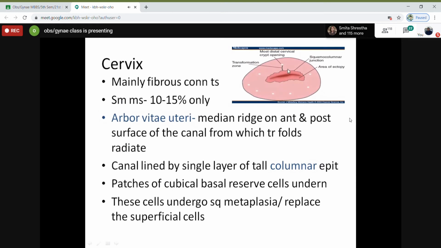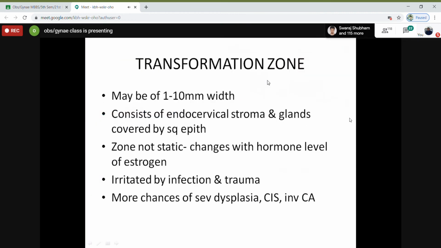The importance of this zone is that we take the cells of this zone and study them on a slide, which is known as a pap smear. So the cells from the transformation zone are taken up and studied. It is nearly 1 to 10 millimeters wide. It consists of the endocervical stroma and glands, covered by squamous epithelium.